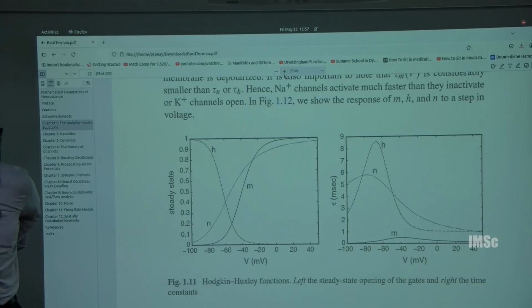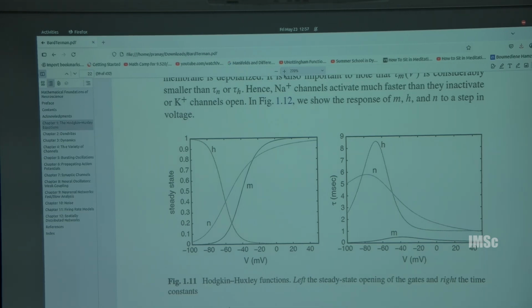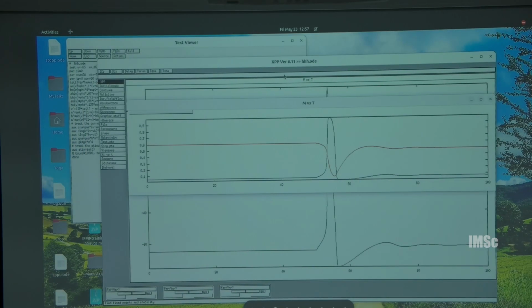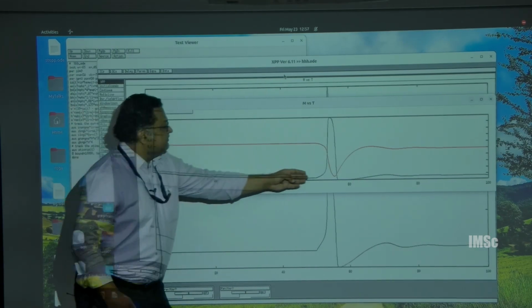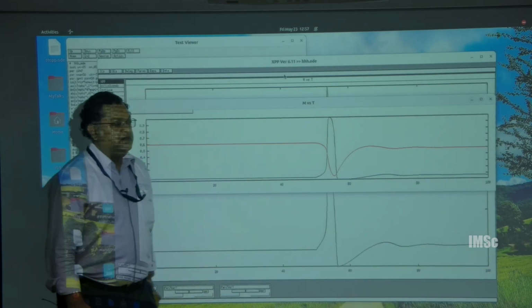Got it? Now do we understand why the sodium current starts to flow? Yes or no? I think I have all the pieces in place to convince myself, at least in a heuristic sense, why m starts to open up as the voltage depolarizes. Does that make sense?